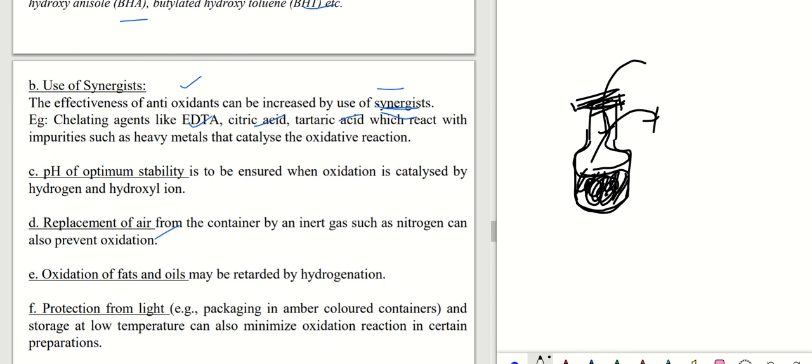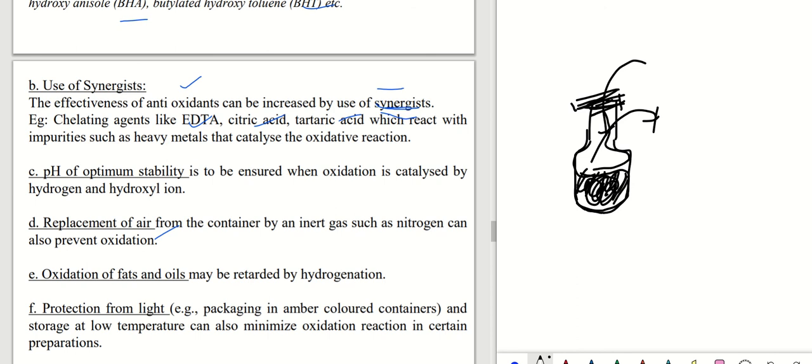So how can we avoid this oxidation? By hydrogenating those oils. That is why we get hydrogenated oil, the vegetable ghee. So when those types of substances are exposed, they will not get spoiled so quickly.